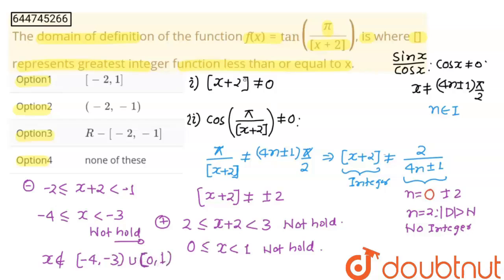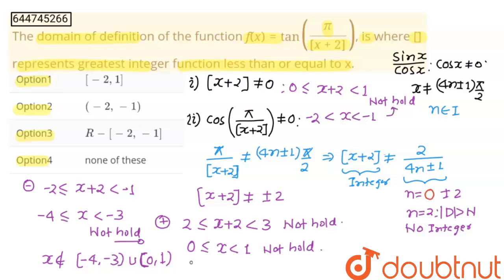Now here this value should not be equal to 0. The first condition: [x + 2] will be 0 when x + 2 is less than 1 and greater than or equal to 0. So this should not hold. So from here we get x less than minus 1 and greater than or equal to minus 2, which does not hold.